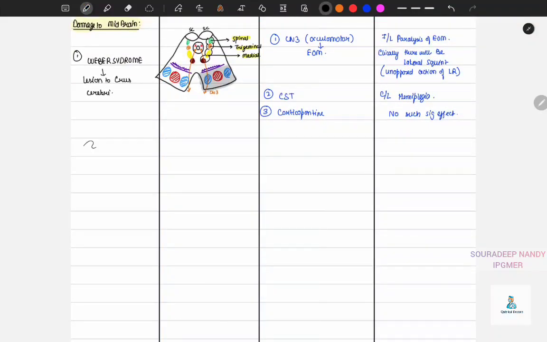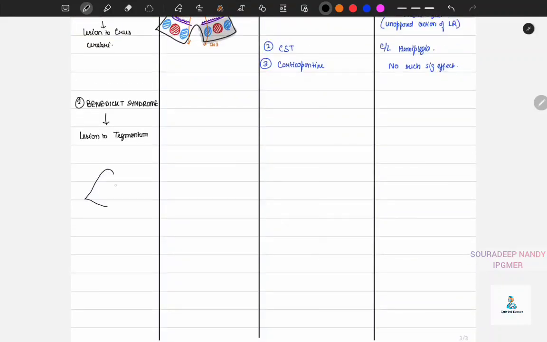Next we have the Benedict syndrome. That is a lesion to the tegmentum. First, I will make clear what is tectum, what is tegmentum, and what is crus cerebri. Here is the superior colliculus. Let us draw a line here.